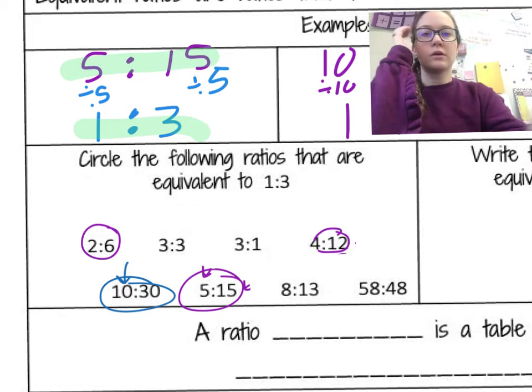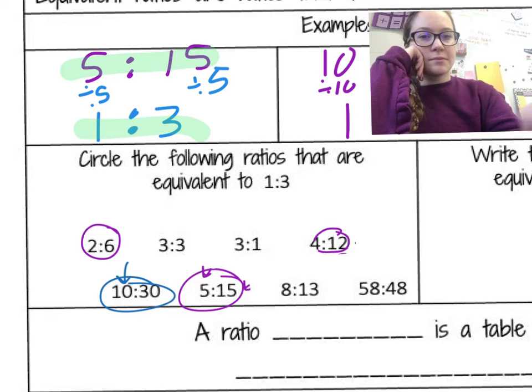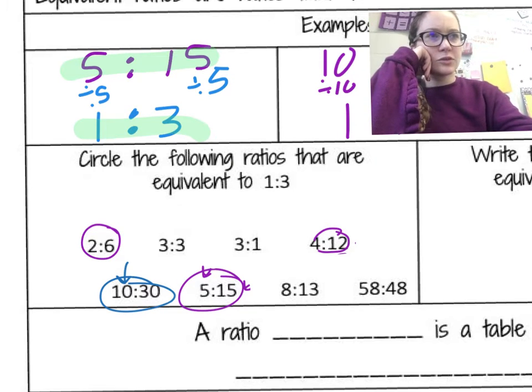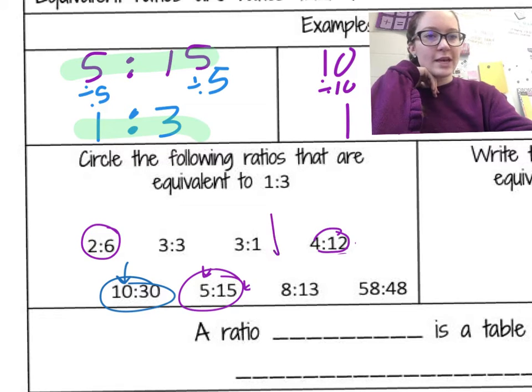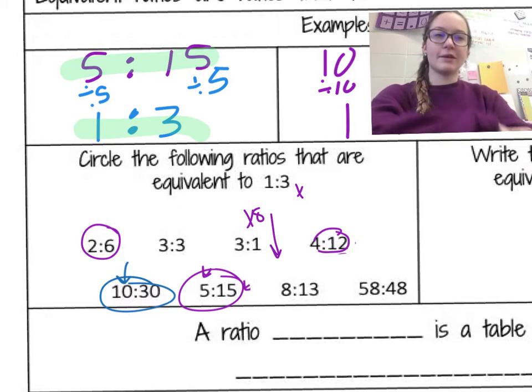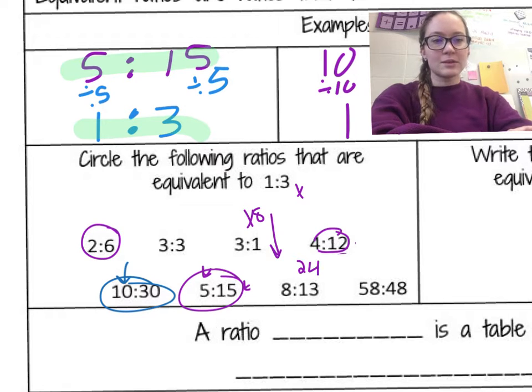Okay, let's try, my iPad is lagging, it doesn't normally do that. So let's try to get from 1 to 8. I'm going to multiply by 8. So if I multiply 1 by 8, I have to multiply 3 by 8. 3 times 8 is 24. That is not the same as 8 to 13, so that one does not work.